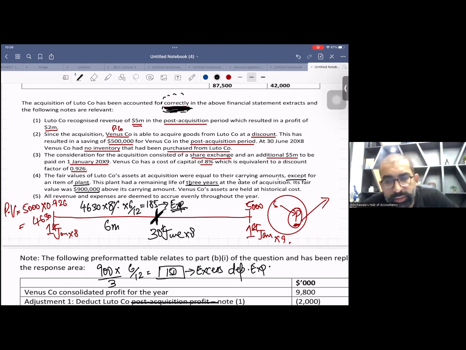Excess depreciation has already been booked because in the question it is written correctly. Correct consolidation accounting in the income statement must always book excess depreciation if there is an upward fair value adjustment of a depreciating asset.